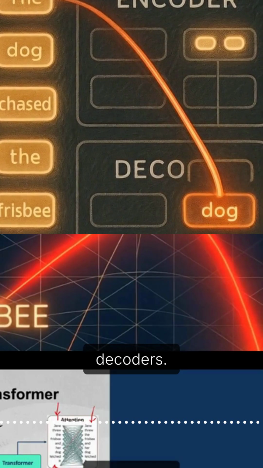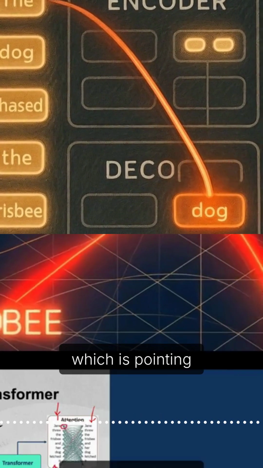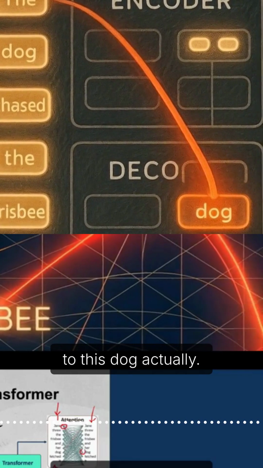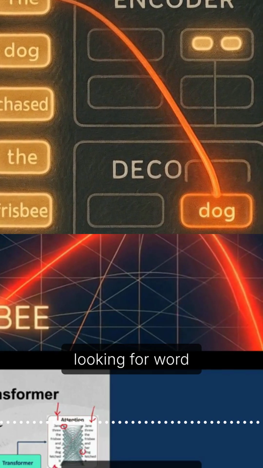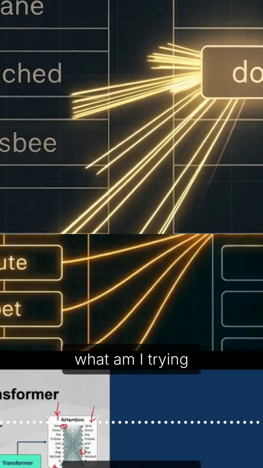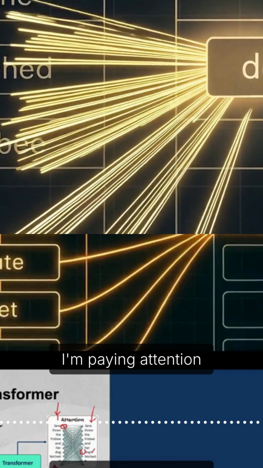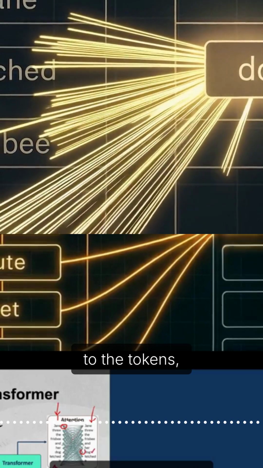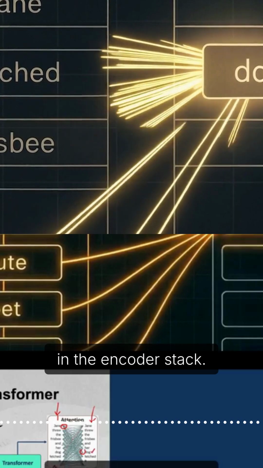There are multiple decoders, but pay special attention to this red line which is pointing to this dog. Basically, this concept is paying attention. When you are looking at the word Jane, we are paying attention to all other words. When I'm talking about dog in the decoder stack, I'm paying attention to the other tokens which are there in the encoder stack.